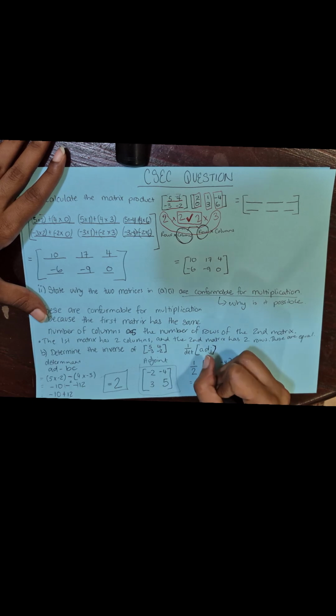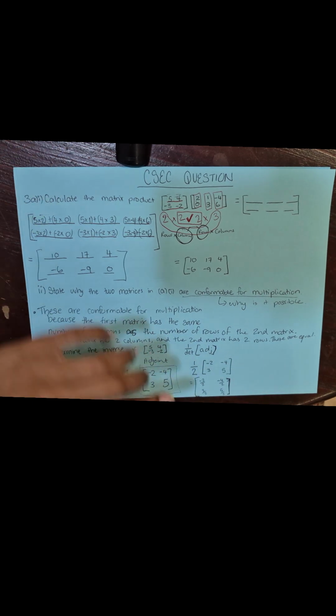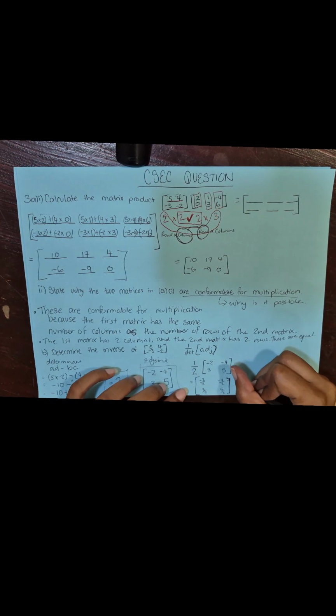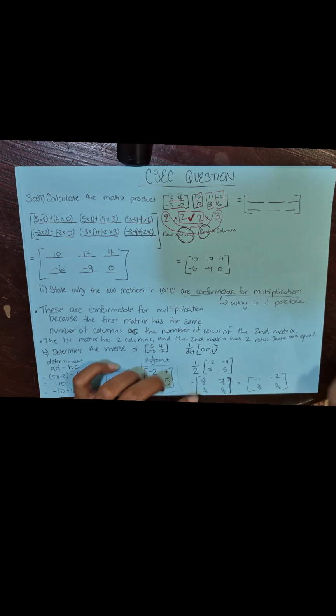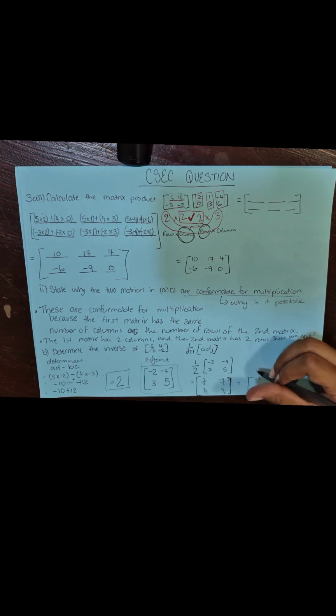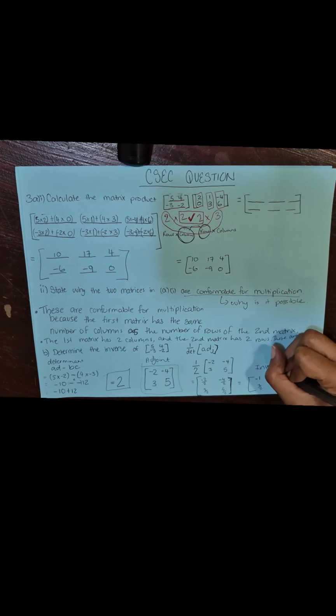This is our inverse. We can simplify the easy ones to simplify. So we can say it is negative 1, negative 2, and we keep these ones the same. And this is our inverse.